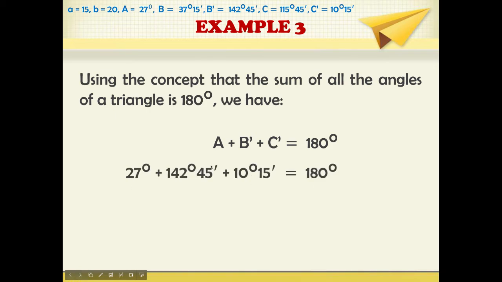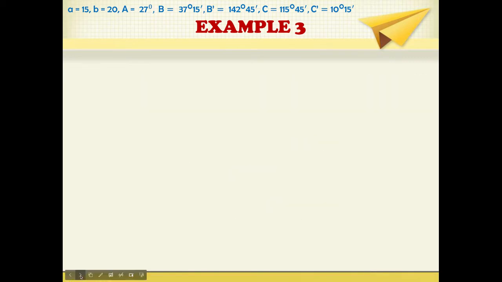Substitute the values for angle A, angle B prime, and angle C prime, and we will get 180 degrees equals 180 degrees. So therefore, the sum of the three angles of the second triangle is also 180 degrees. So therefore, we can now proceed with solving for side C.